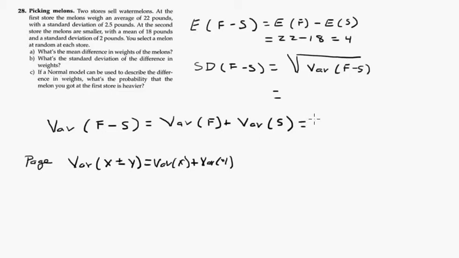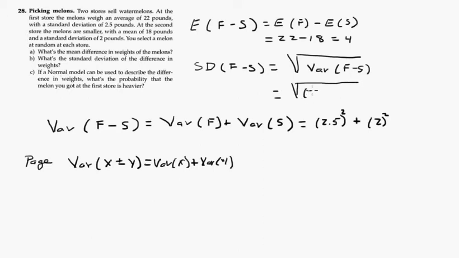So this is just going to be the standard deviation of the first squared plus the standard deviation of the second. The second one was 2 pounds squared. Okay, and so I'm going to take a shortcut. I'm just going to plug that in here.